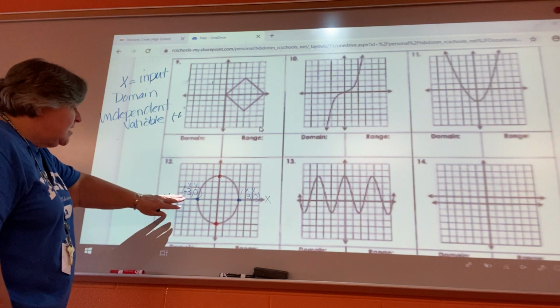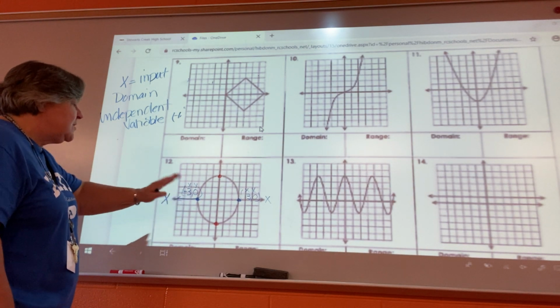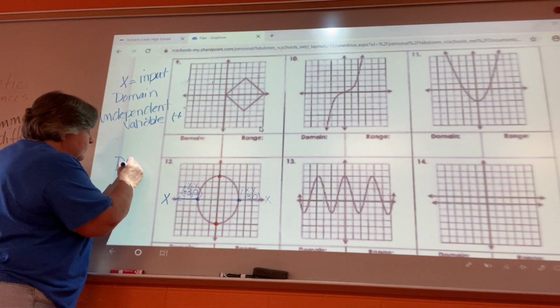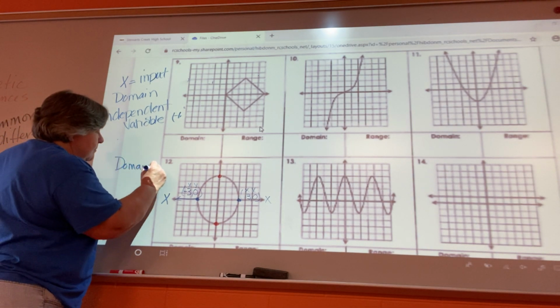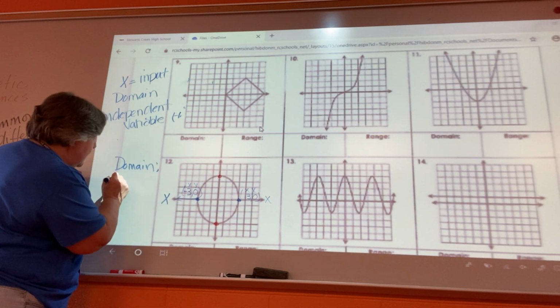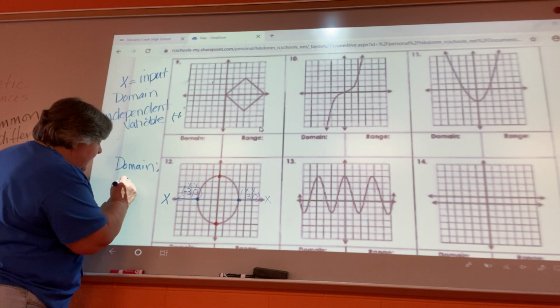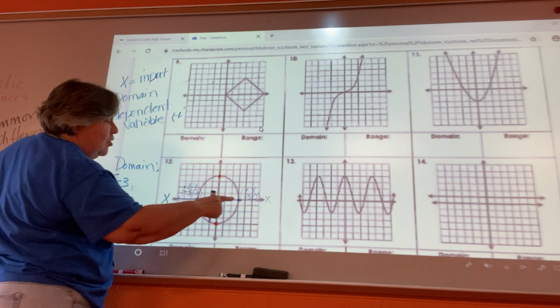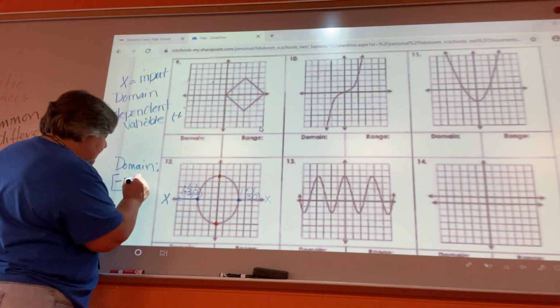Okay, so if we have this, it should be as far as it goes to the left. So my domain is -3. It includes -3. And it goes that way, +3.